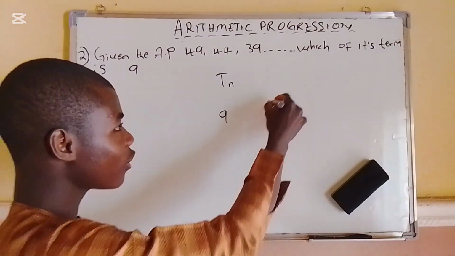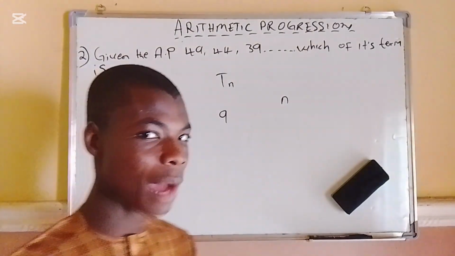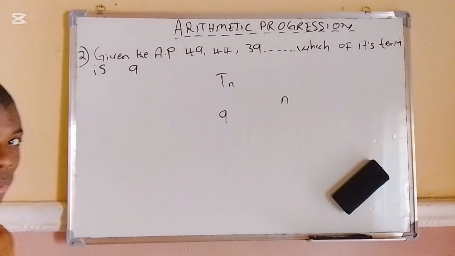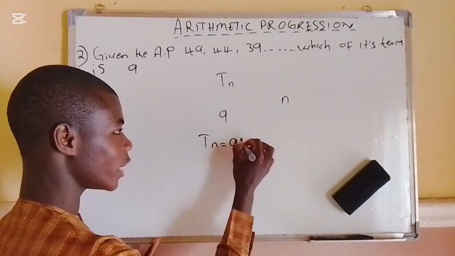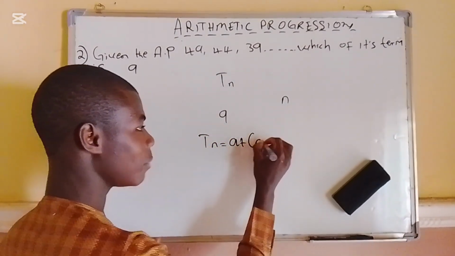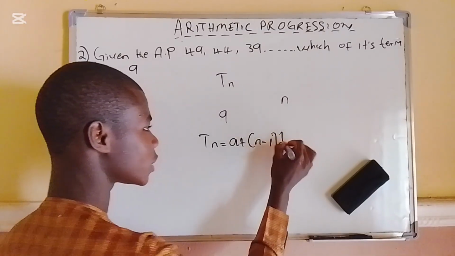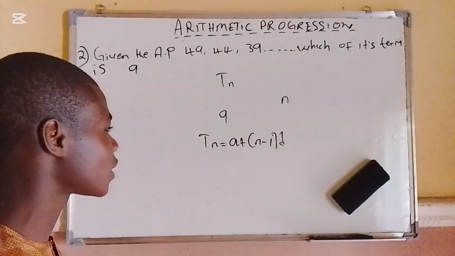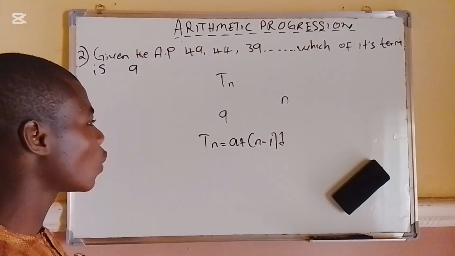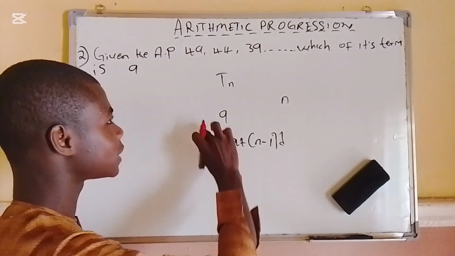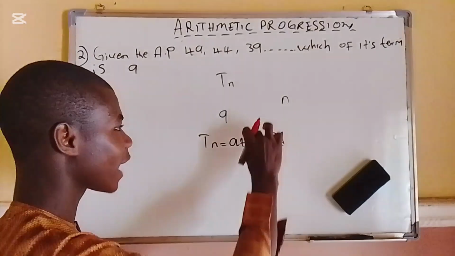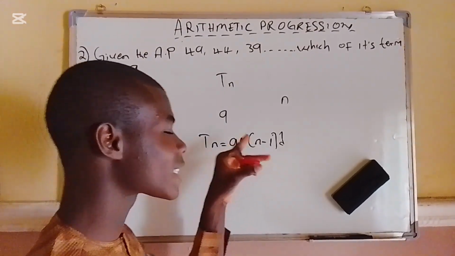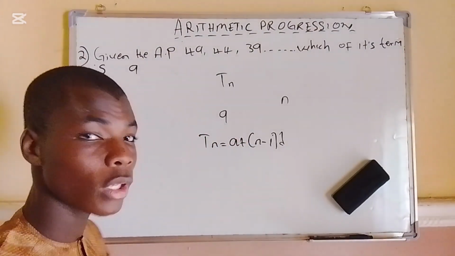But we are not given the number of terms, which is n, according to the formula T of n is equal to a plus n minus 1 into the common difference.